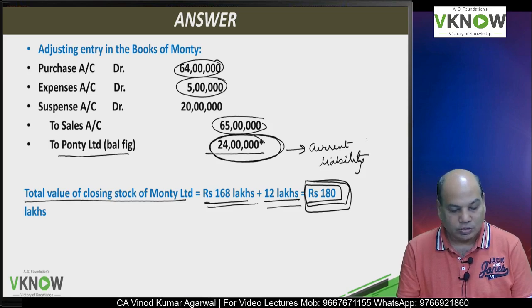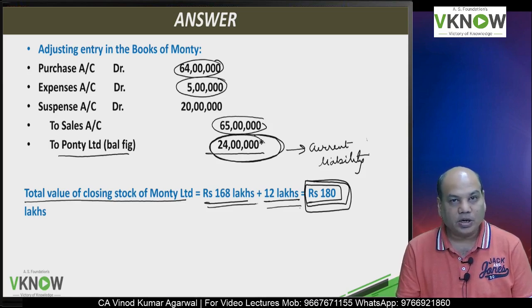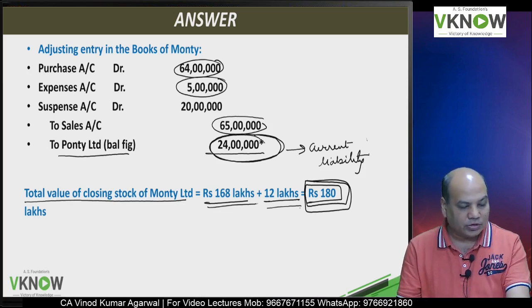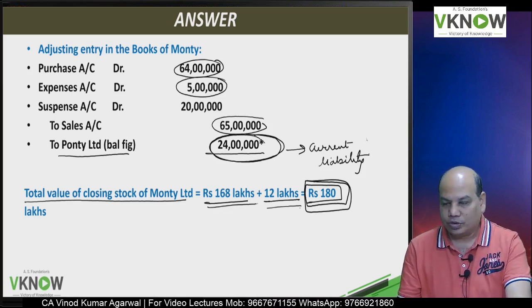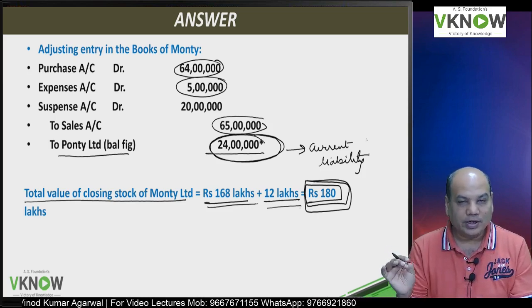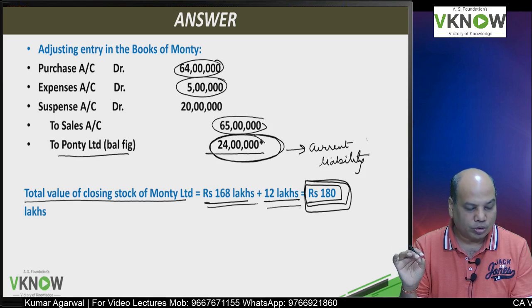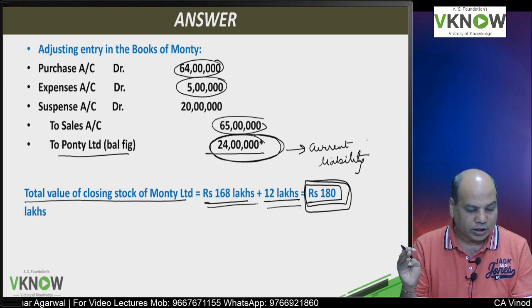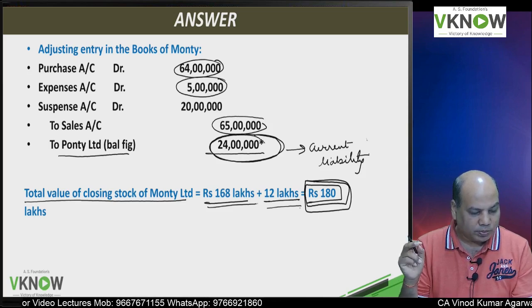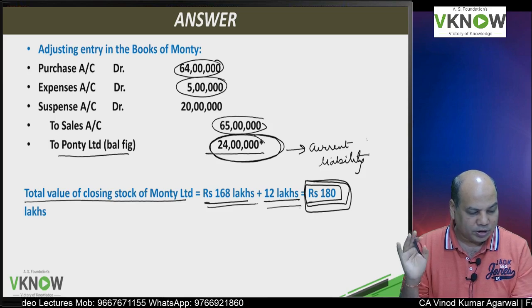Now in addition to this, we have to prepare the P&L account and balance sheet. Now you will look at the trial balance which is given to you. Open your notebook fully, and in the trial balance identify the items which will go to the P&L account. So one item is sales on the credit side. On the debit side we have opening stock, purchase, expense, depreciation.